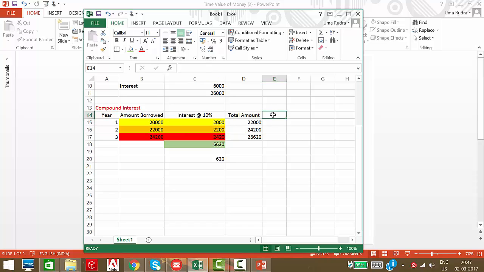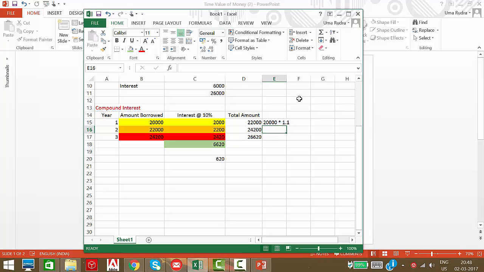So can I say how we are getting 22,000? It is 20,000, the original principal, into 110%. Instead of 110%, I can write 1.1 also.